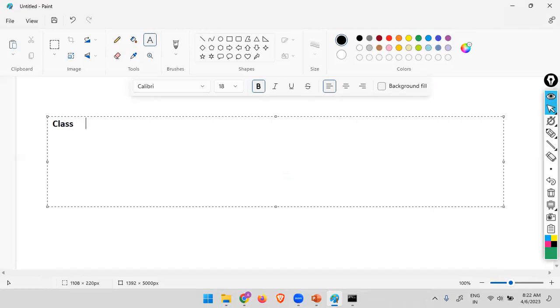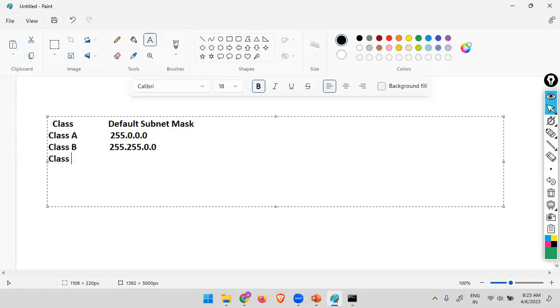Let's say one side will have class, and let's say default subnet mask. First of all, for class A, the default subnet mask value is 255.0.0.0. For class B, the default subnet mask value is 255.255.0.0.